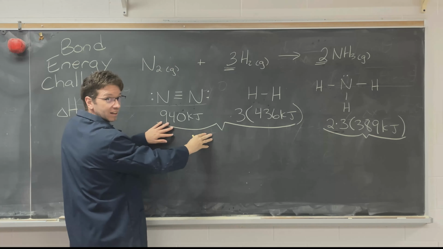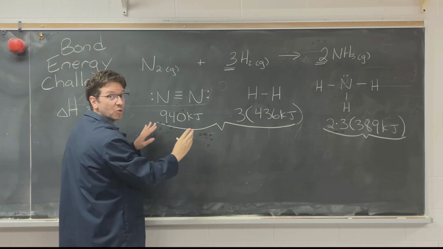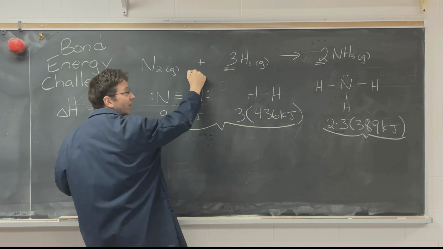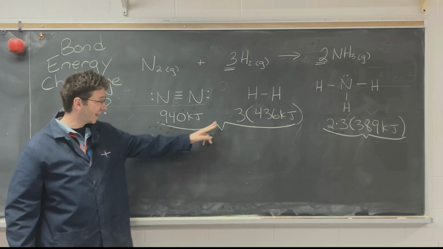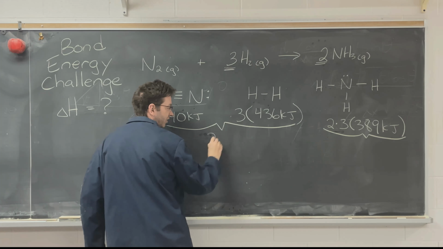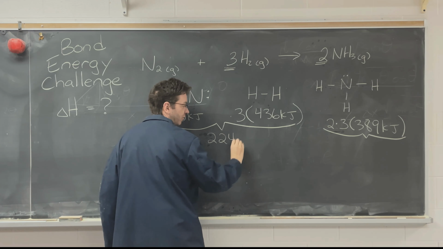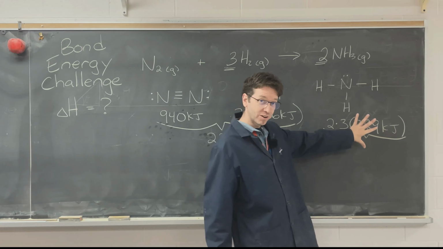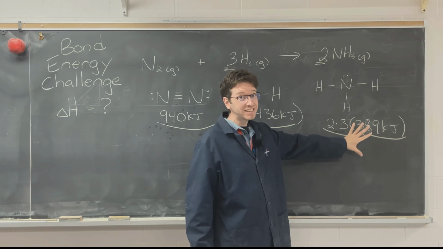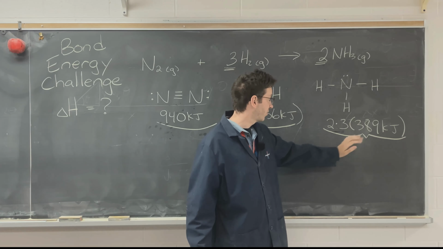Over here is going to be the energy required to break these bonds. So energy required to break these bonds. And when we add all those up, we get 2,248 kilojoules. And over here, we have the energy released when bonds form.